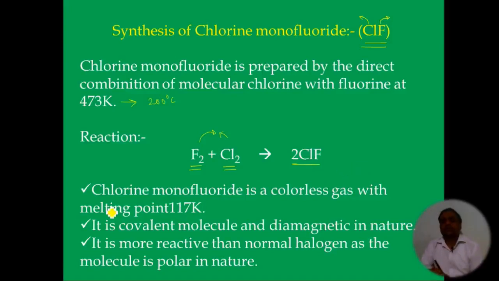Okay, so what are the properties of chlorine monofluoride? Chlorine monofluoride is a colorless gas. Most of the time it has been asked in exams what is the color of chlorine monofluoride. So it is a colorless gas with a melting point of 117 Kelvin.